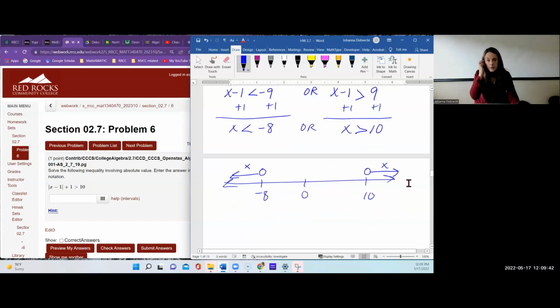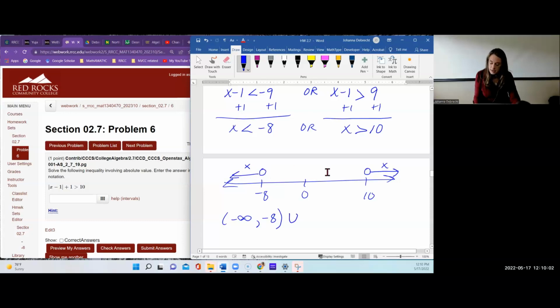Now we interpret the picture in terms of interval notation. We go from the far left and work our way to the far right. On the far left, we have negative infinity, comma, stop at -8, but don't include it, so use round parentheses.